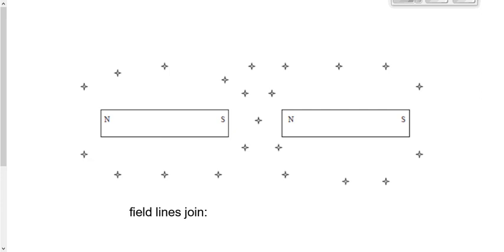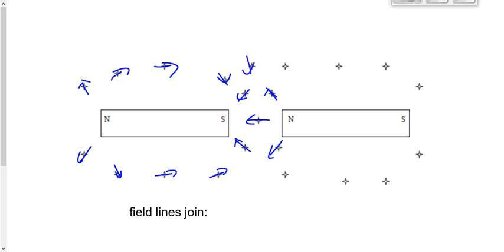Let's take a look at the second diagram now. Second diagram that you saw in your activity looks something like this. The magnetic field lines here would point more or less like this. How many people got something that looked pretty much like this?